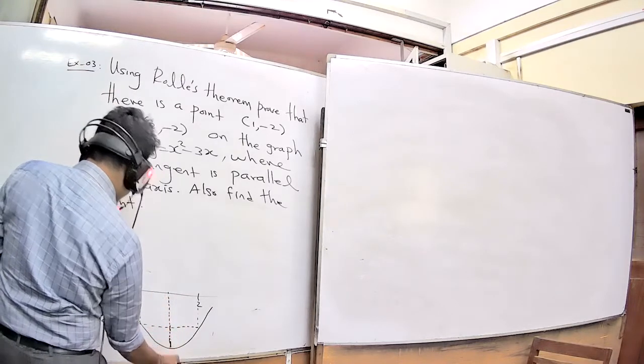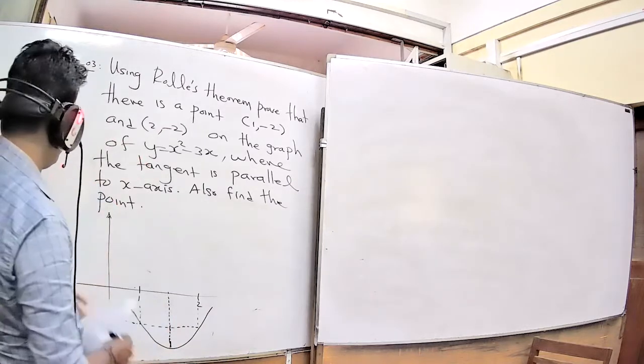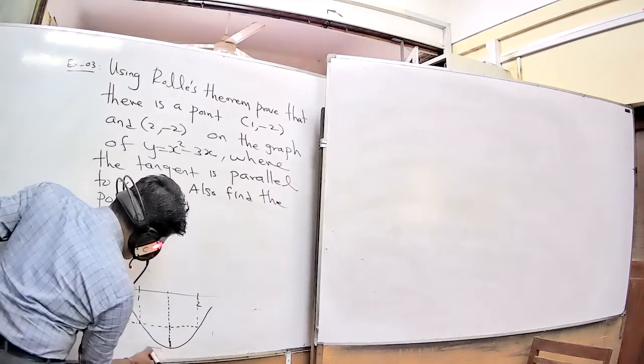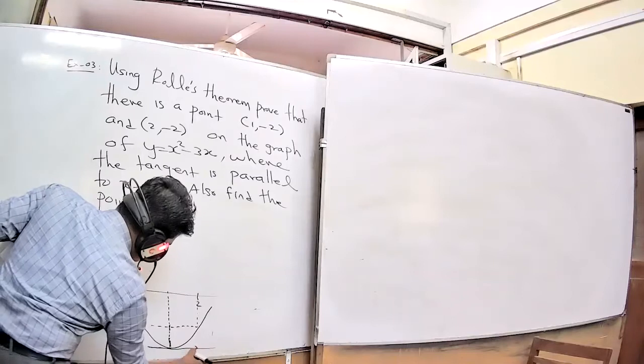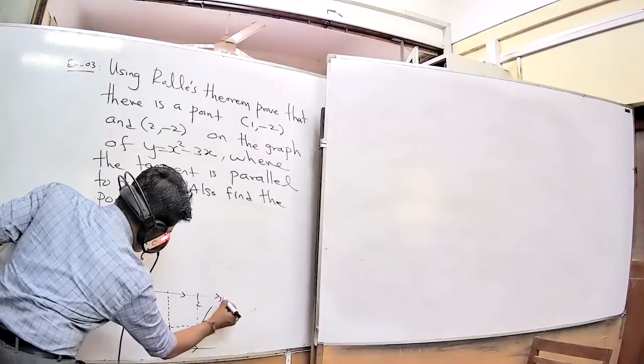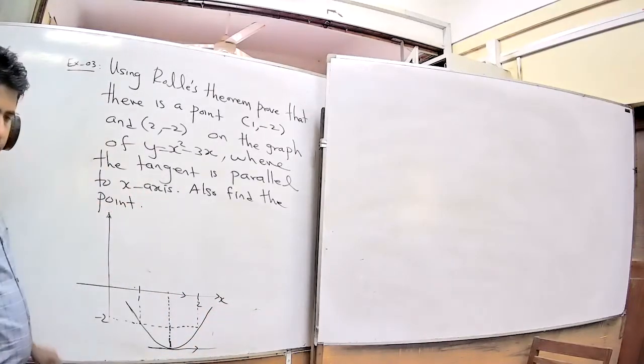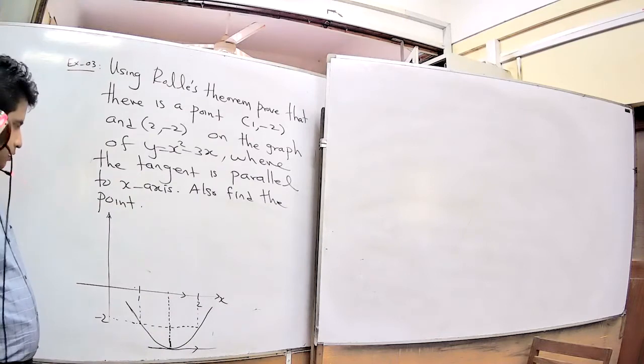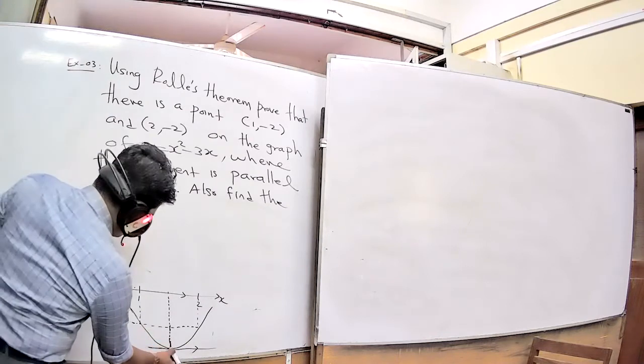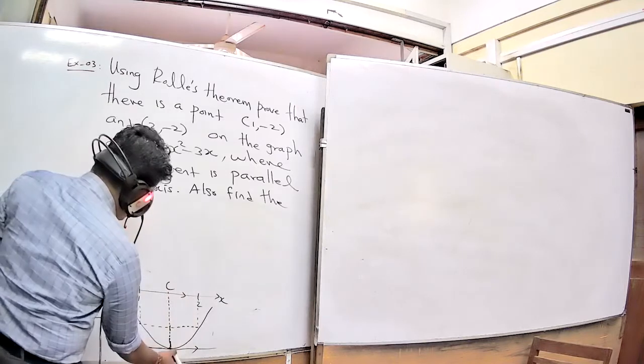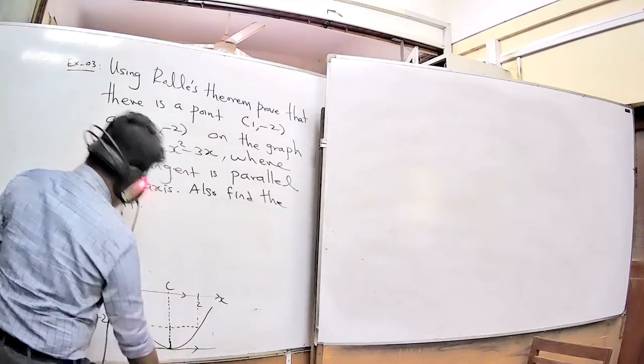They mention another thing: the tangent is parallel to the x-axis here. At that point, suppose you put this point as c, at this point f dash c equal to 0.